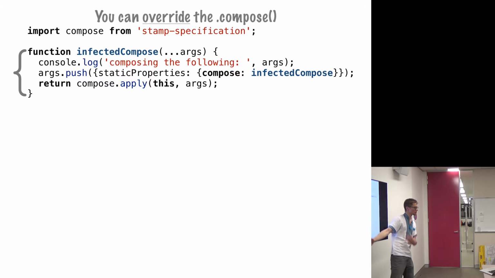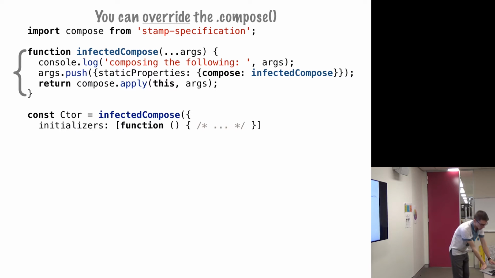This is JavaScript. I hope you recognize JavaScript. What it does, it logs arguments to the console, and then adds a few more metadata, and then runs the original compose with the same arguments. So it's just dumping whatever it received, and then calls the original compose.